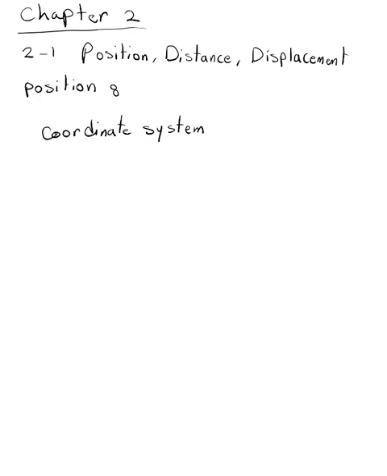For example, if I'm talking about one dimension, then I can just have my coordinate system to be the x-axis. So the origin of this axis is x equals 0, and then an arrow can point in the positive direction.